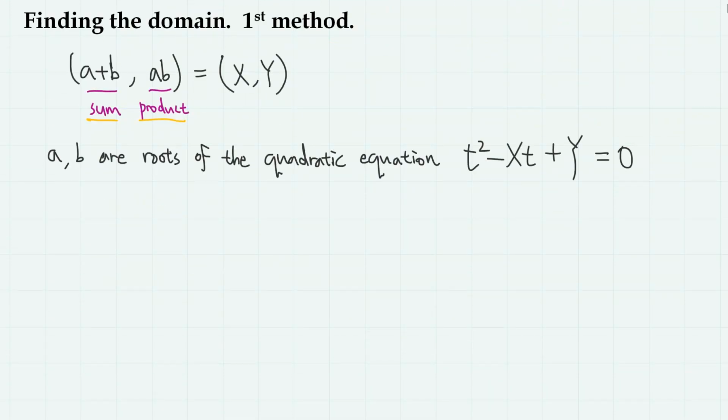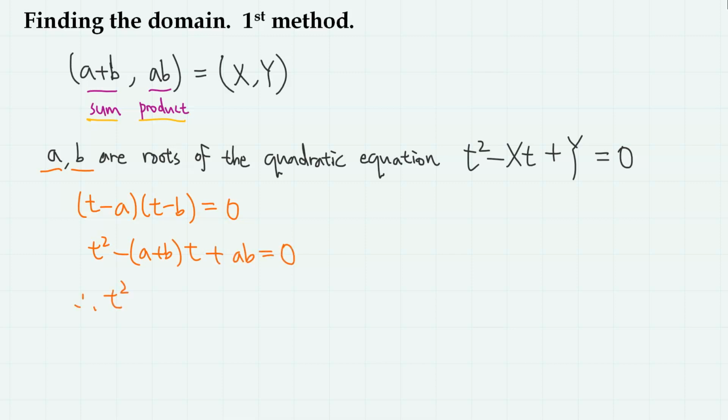This is because the quadratic equation having a and b as roots can be expressed as (t minus a) times (t minus b) equals 0, so t squared minus (a plus b)t plus ab equals 0. Therefore t squared minus Xt plus Y equals 0. So this equation gives two roots, a and b.